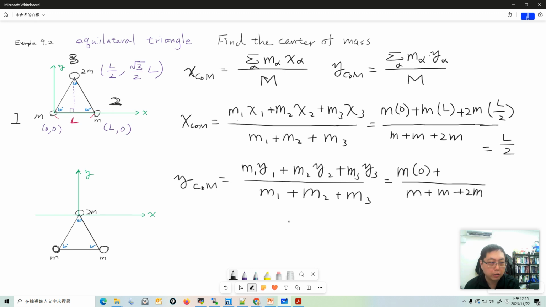The second particle mass is m and its y coordinate is 0.